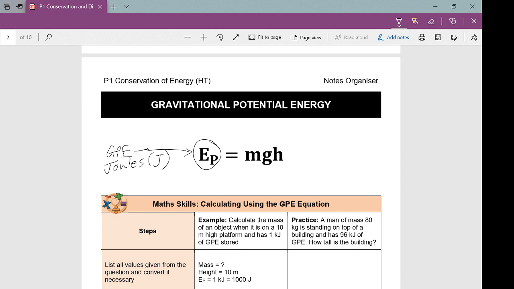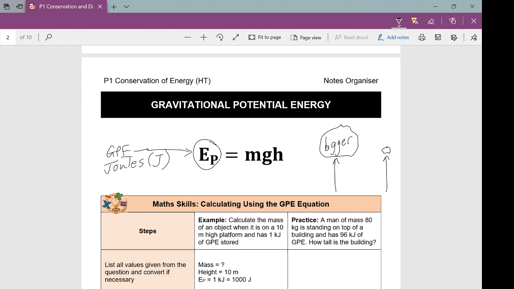If something has more mass, if you lift it up, it's going to have, let me draw this out. For example, let's say that we had a massive rock and then a tiny little rock, tiny little pebble. Let's say they were both lifted up the same exact height, but because this rock is bigger, it's more massive, it has actually stored within it more gravitational potential energy because it took a lot more energy to lift it up that same height.